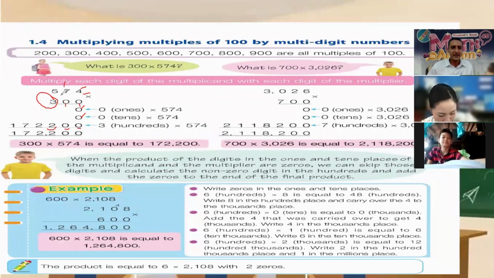Now again, 300 we are going to multiply by 7 tens. So 7 into 3 means 21, right? And we already carried over 1 at the place 10. So 21 plus 1 is equal to 22, right? Now 2 we are going to write at the 1000 place, okay? And now we have another 2 tens. So 2 we're going to carry over to the 100 place, okay?